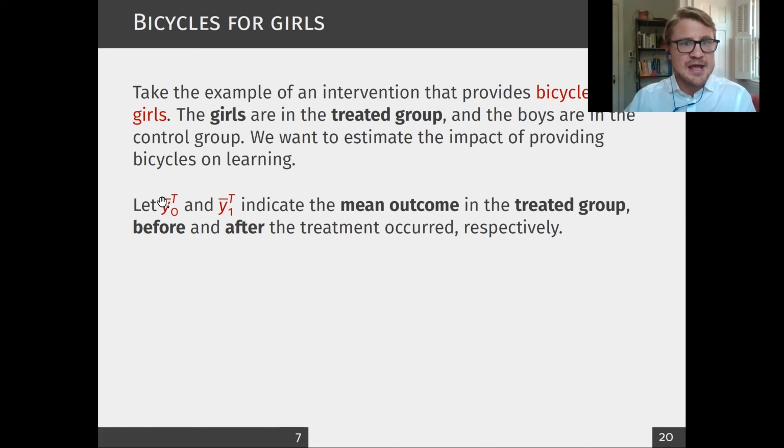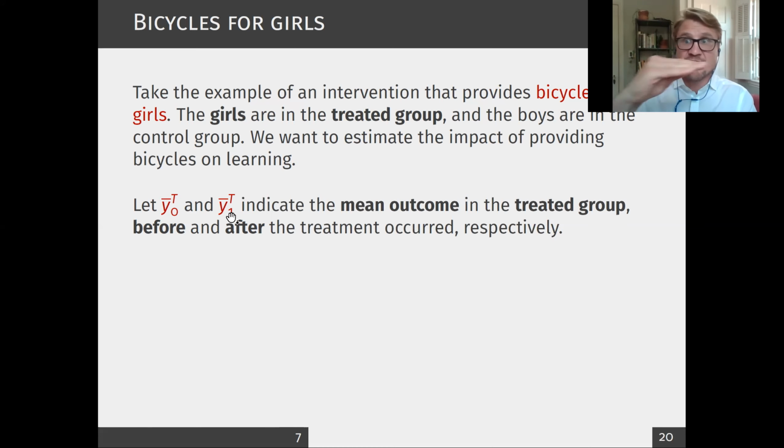We write Y overscore T0 to indicate the mean outcome in the treatment group before the introduction of the program. Be very careful now, we're not talking here about potential outcomes, we're just talking about average outcomes. The bottom value, 0 or 1, refers to pre versus post, and the top value, T, refers to the treated group.